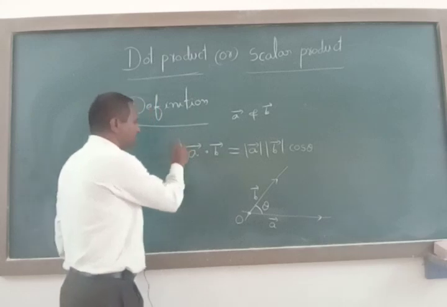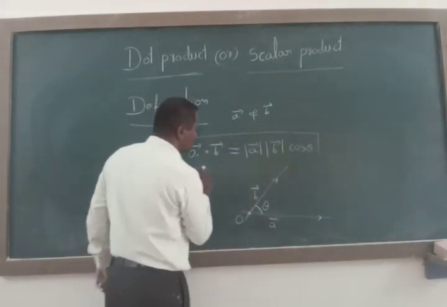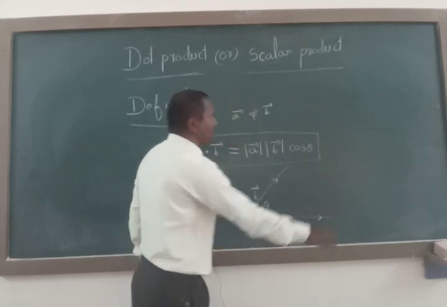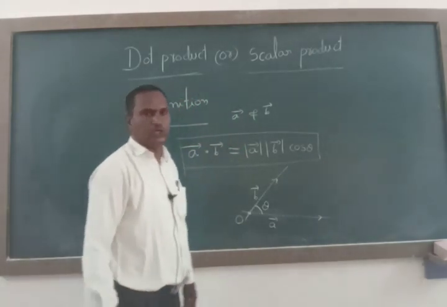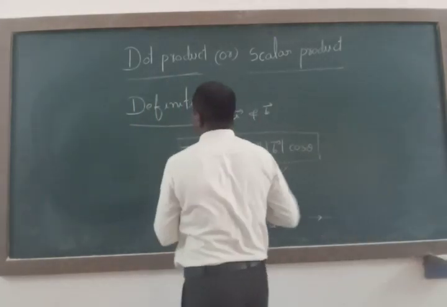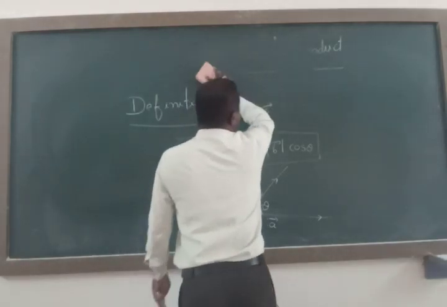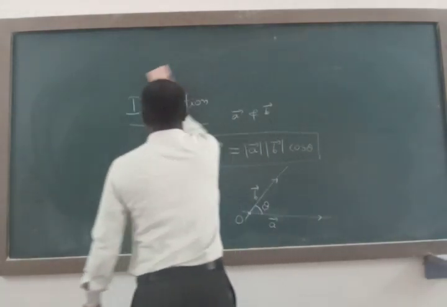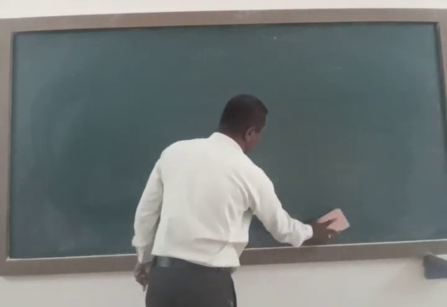That is the definition. Based on this definition, we can give some important points under the dot or scalar product of two vectors. Now you can observe, point-wise, which types of important points will come under dot or scalar products.